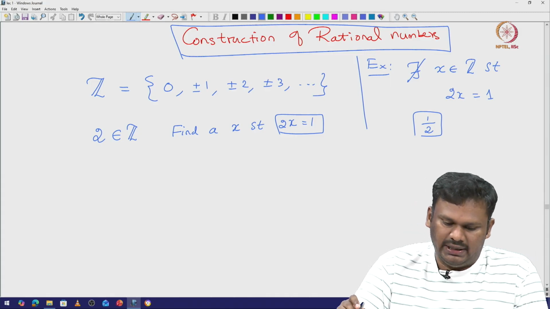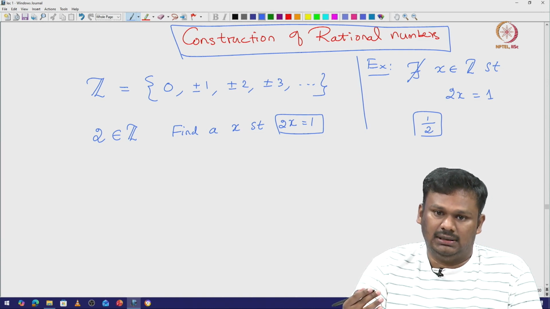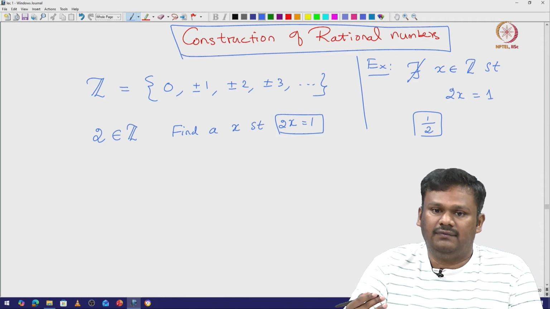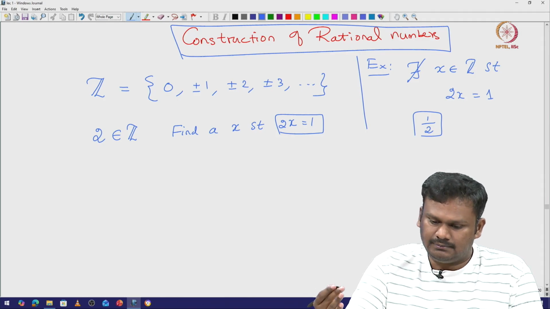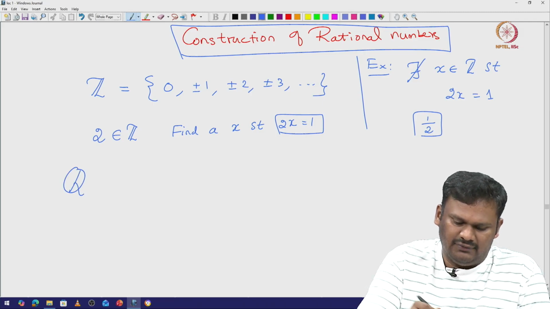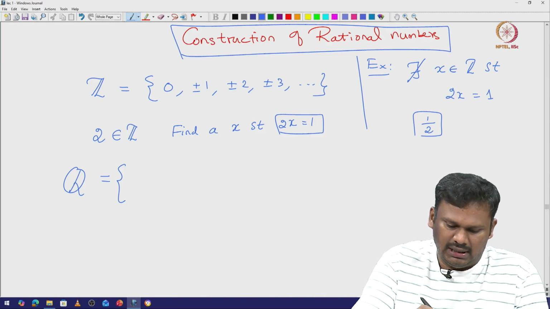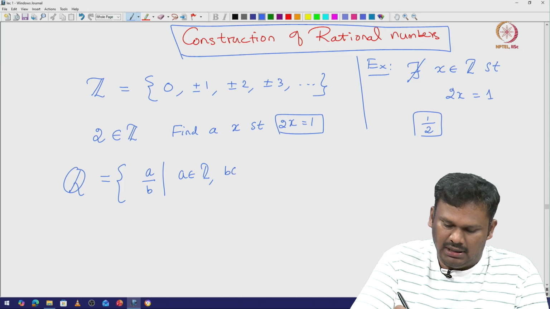One way to do that is to first find different ways to write the rational numbers. So, let us begin with something we commonly do. We take the set of rational numbers. By definition we take it as a ratio between two integers, a divided by b, where a comes from the integers and b comes from the non-zero natural numbers.